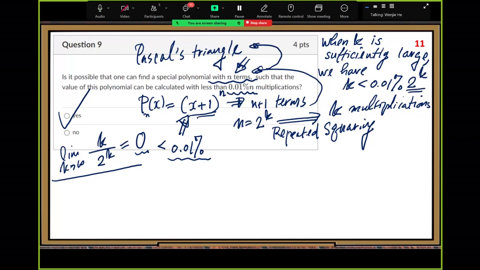And 2 to the k is n, based on our assumption.